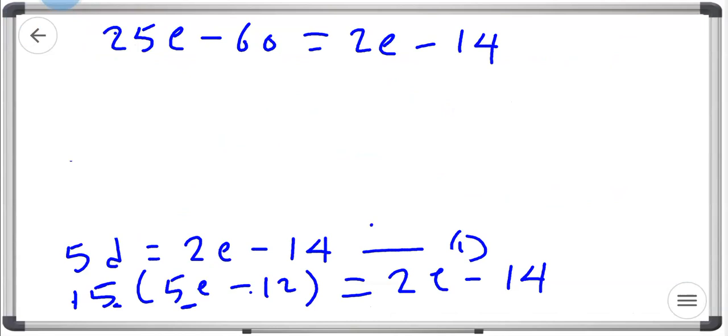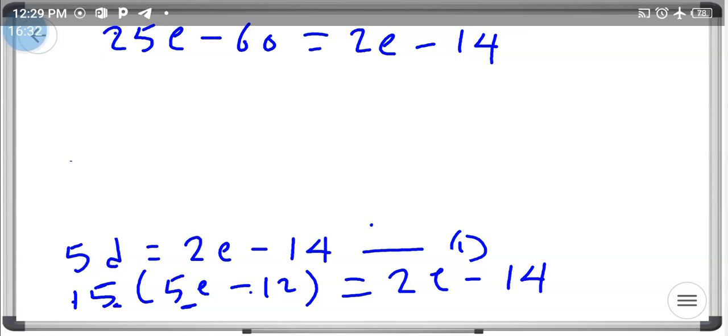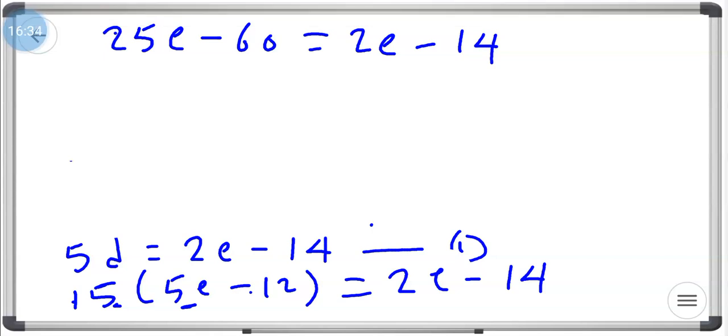So from here now, collecting the like terms. Let's bring those numbers with e to one side and those numbers without e to another side. So we'll be having 25e. Let this come to this side.